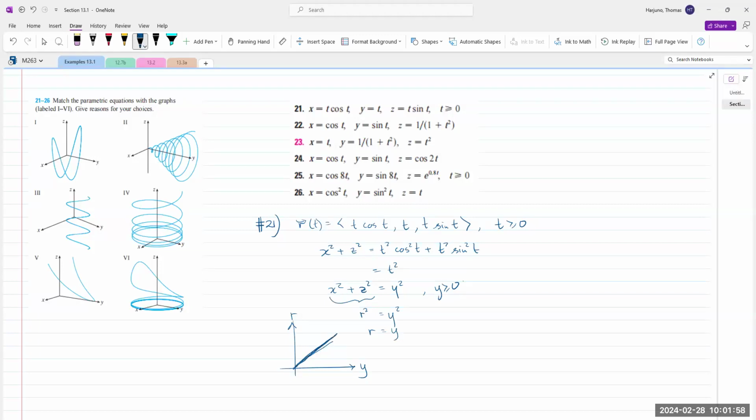Now you spin it, and it gives you a cone that opens to the positive y direction. So the space curve r(t) must be part of this cone.